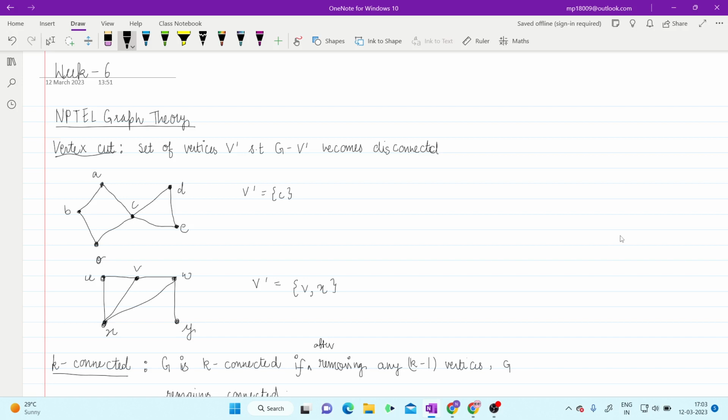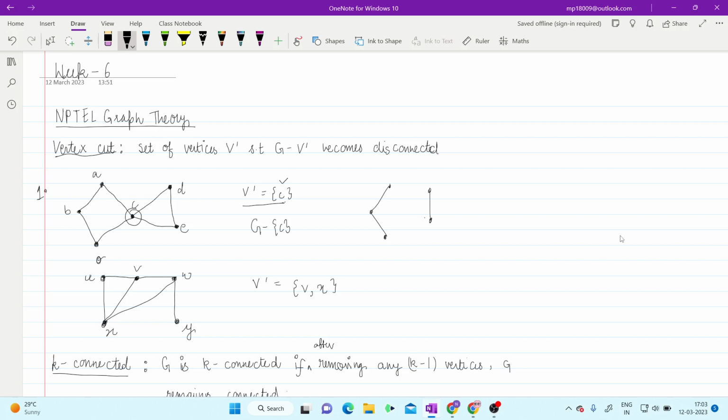For example, in the first graph, if we remove this vertex C, the resultant graph, G minus C, will look like this, and this is becoming disconnected. Therefore we can see that {C} is a vertex cut consisting of just one vertex.